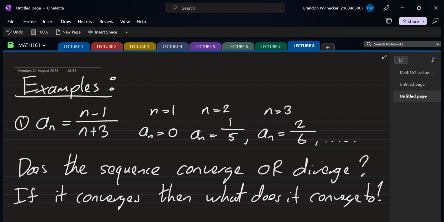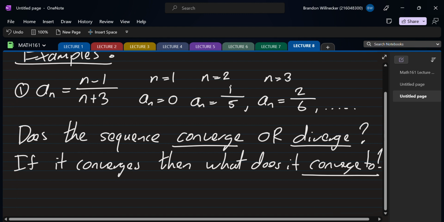So maybe that is above or below a certain point, it's bounded. Things like that we're going to be looking at later. So for today's lecture, we're just looking at convergence, divergence, and if it is convergent, what does it converge to? Okay, so let's have a look.